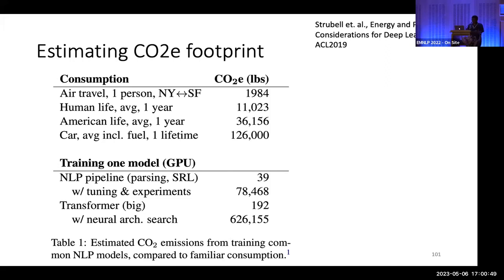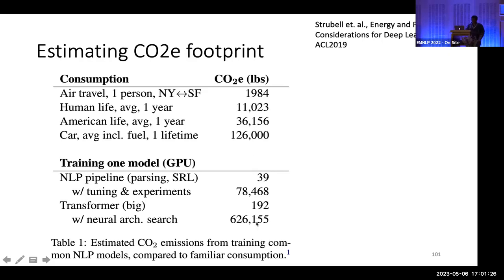They had this table in the paper saying the amount of carbon dioxide equivalent generated by air travel by one person between New York and San Francisco is about 2,000 pounds. A standard NLP pipeline like training a parser might take this much, but a transformer might take about 200, so that's not insignificant compared to this 2,000 number.